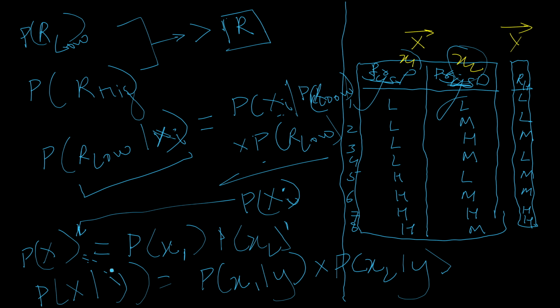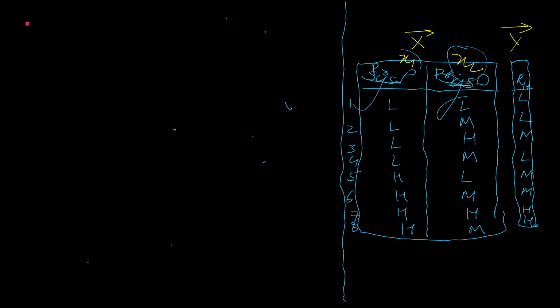This has come from the set theory, or probability theory in this particular case, that we discussed earlier. Now suppose a new data point has come to us, which is systolic is high and diastolic is low. Let's see the probability of this occurring, and what the class of this data point should be.